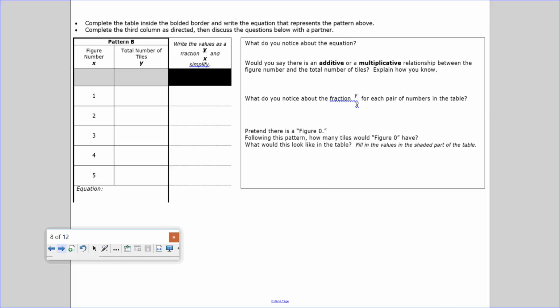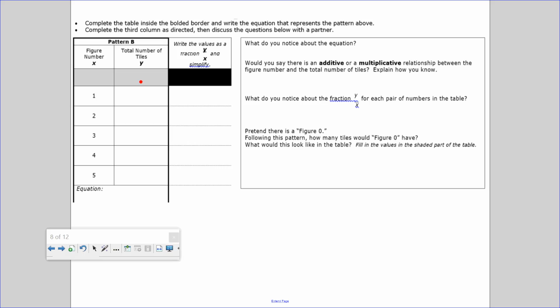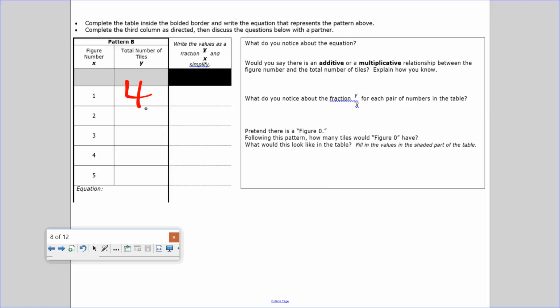Now complete the table and write the equation. In figure 1, we have 4 tiles. Figure 2, we have 5 total tiles. 6, 7, 8. What's the relationship between the figure number and the total number of tiles?